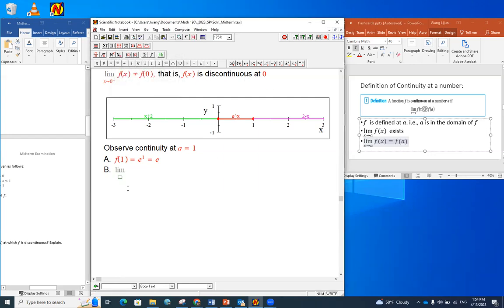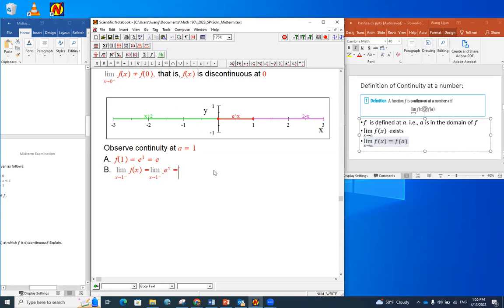The limit when x is approaching 1 from smaller than 1, of f of x, should be the limit of the function of choice when x is less than 1. It's e to the power x. So this piece is e to the power x.